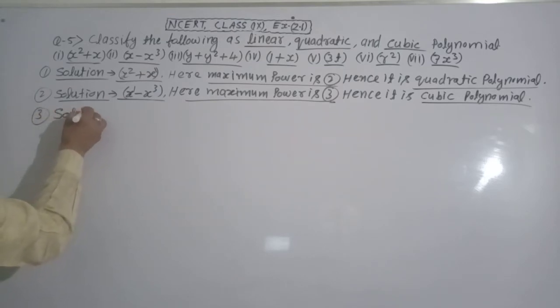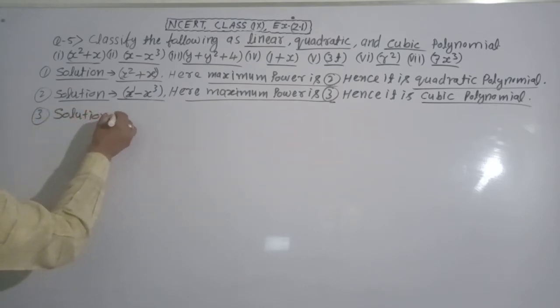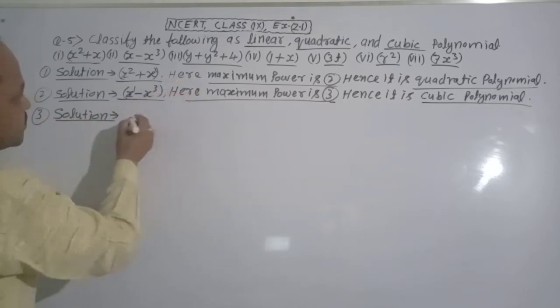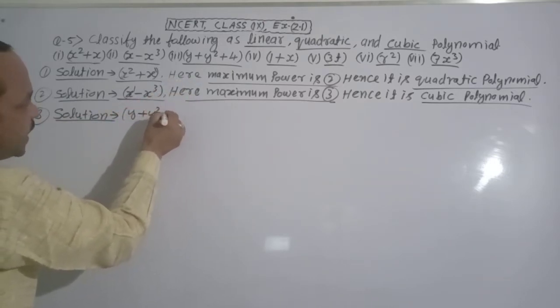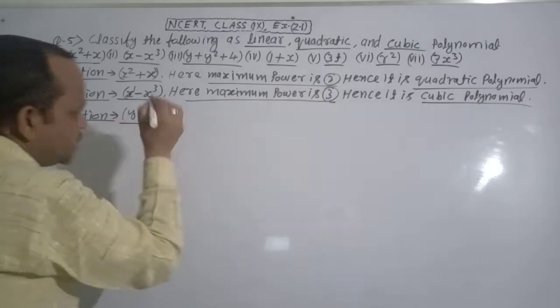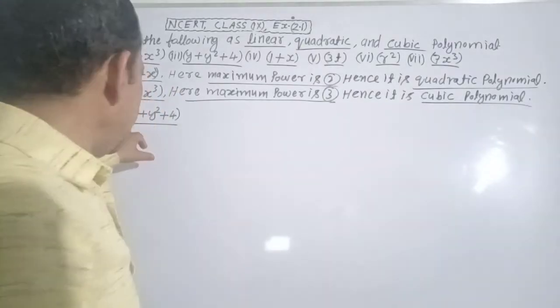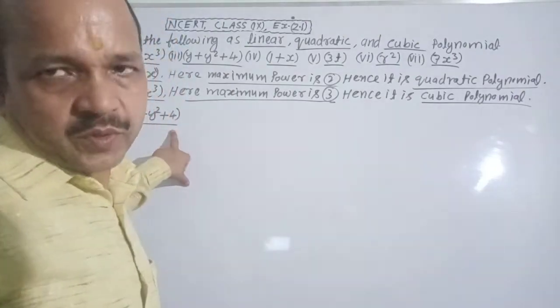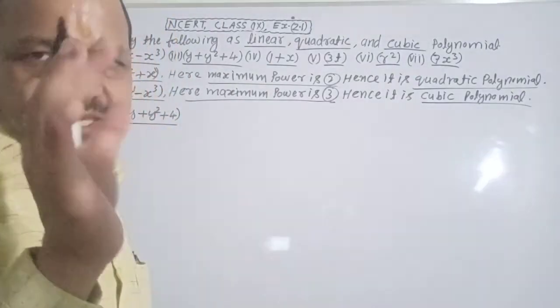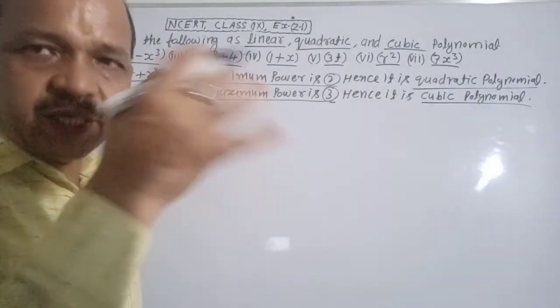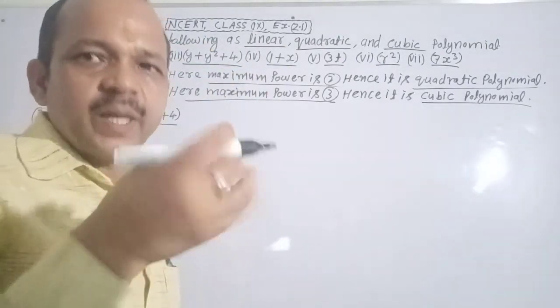Solution. Y plus y square plus 4 is your question. Clear? Here plus is the operation, 4 is a constant, y is the variable.